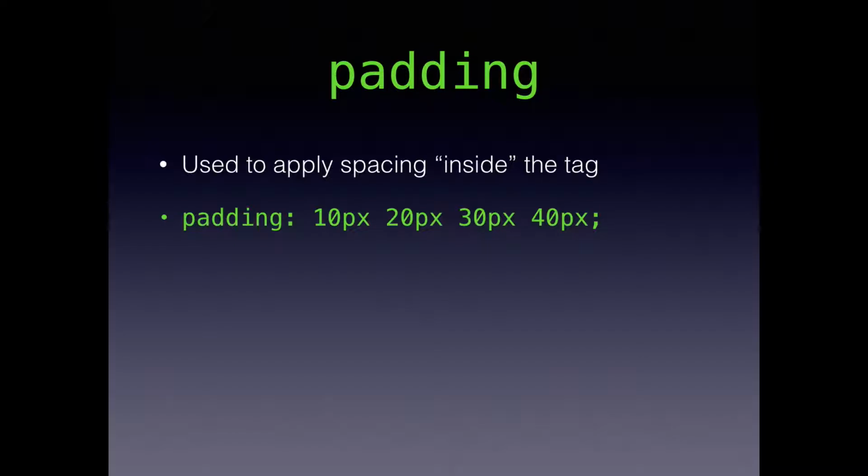Now padding is used in the exact same way that margin is used. We have top, right, bottom, and then left, from left to right. You can also apply the properties separately, by using padding-top, padding-left, and so on, and the same for margin. Now let's skip to the demo.